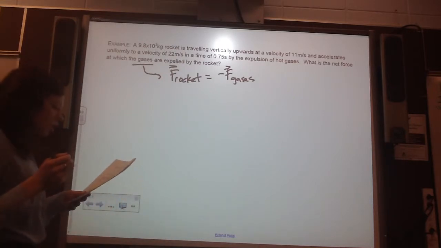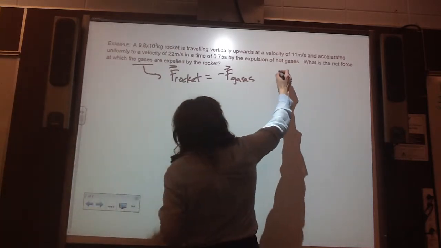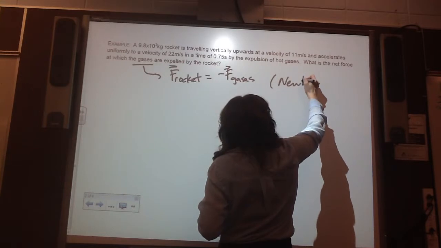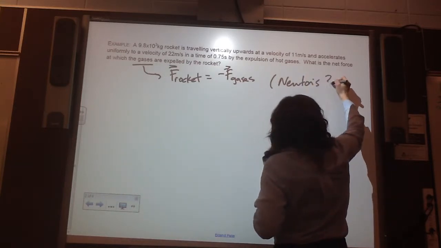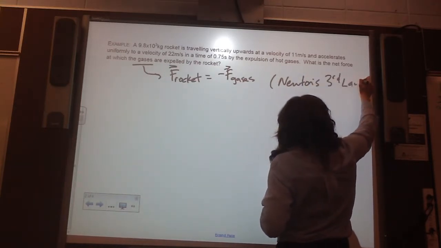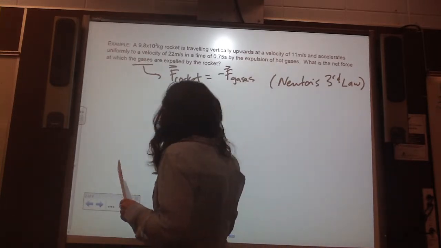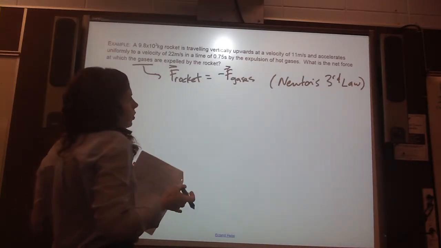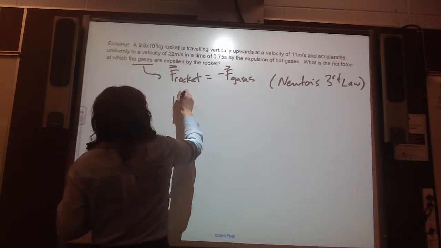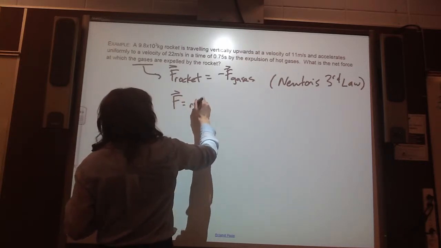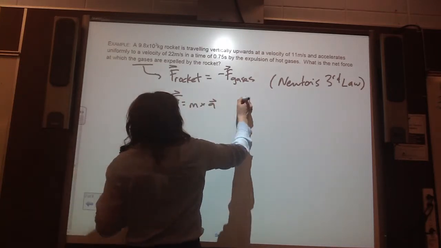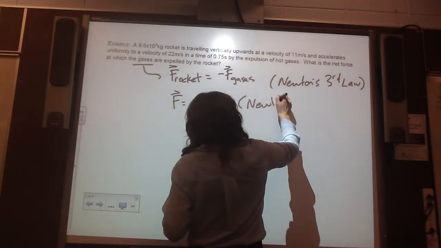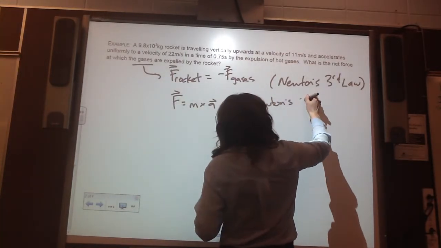We need to make this assumption using Newton's third law. And then we also need to use the formula F is equal to m times a. This is Newton's second law.